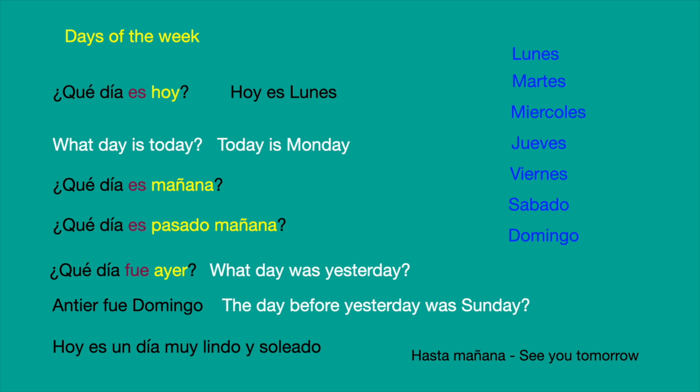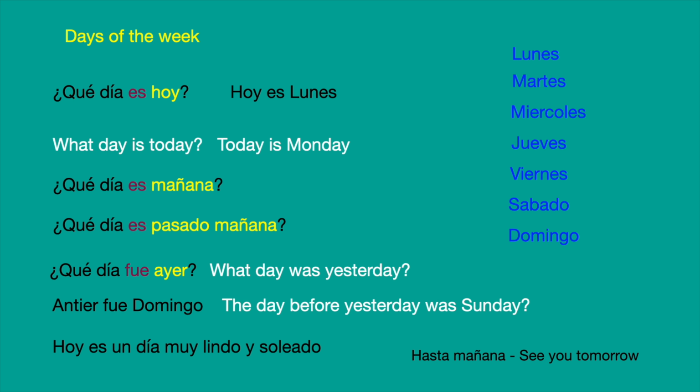So that would be good if you say, ¿qué día es hoy? And you say, hoy es martes or hoy es miércoles. And ¿qué día es mañana? What day is tomorrow? Say that you are on Wednesday, you are going to answer, mañana es jueves. ¿Qué día es pasado mañana?